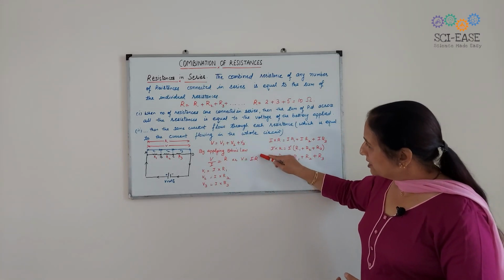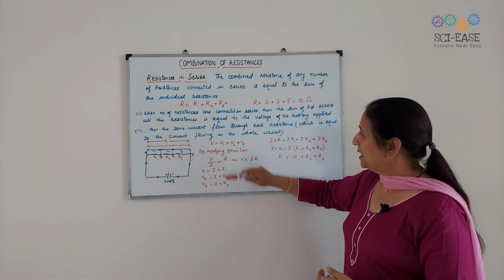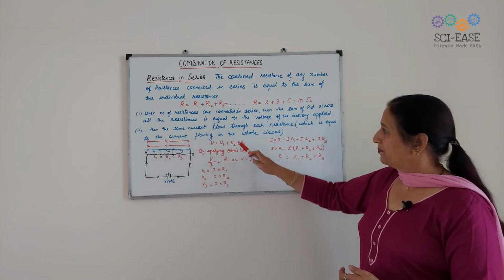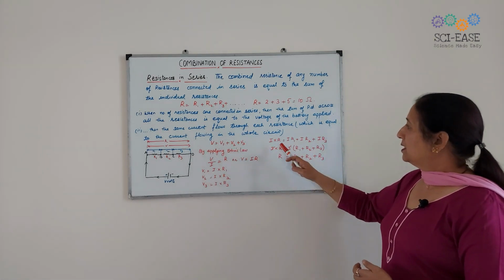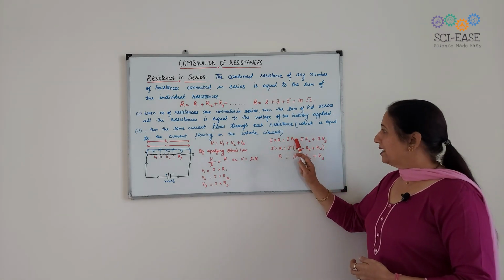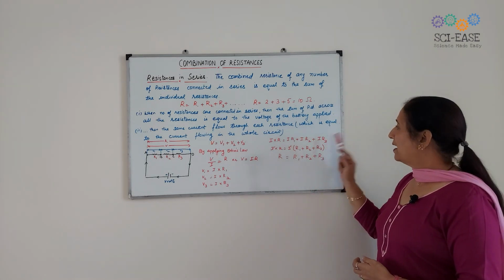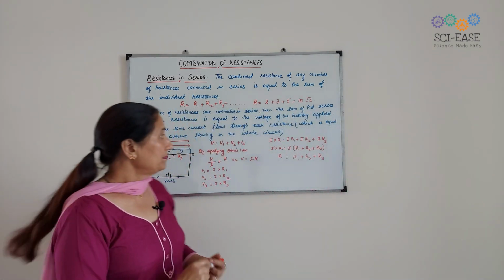Putting all these values of V, V1, V2, V3 in the equation V equals V1 plus V2 plus V3, we get I into R is equal to IR1 plus IR2 plus IR3.